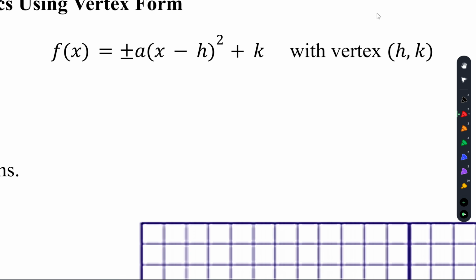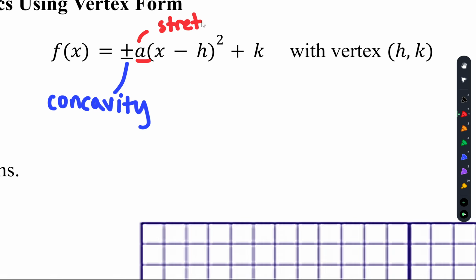So let's talk about a refresher about all of our points in vertex form. First off, the plus or the minus is telling us our concavity, concave up or concave down. Our A value is going to be telling us whether our graph is stretched or compressed.